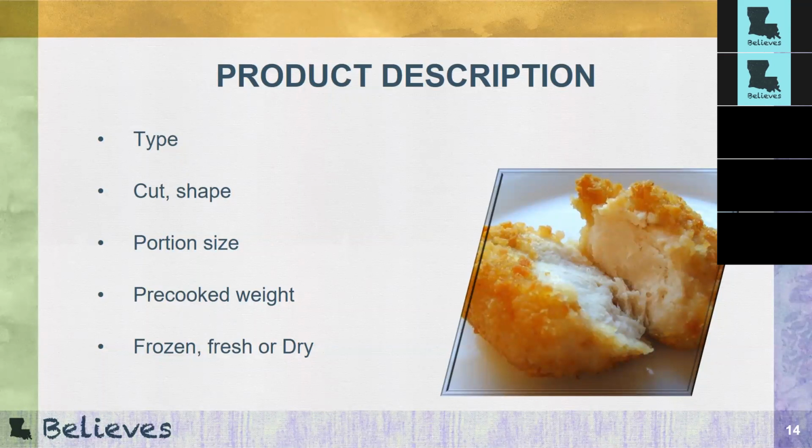You certainly want to make sure that you have an accurate description of the product that you're wanting to purchase. The description should include your type, cut, shape, portion size, pre-cooked weight, whether it's frozen, fresh, or dry.